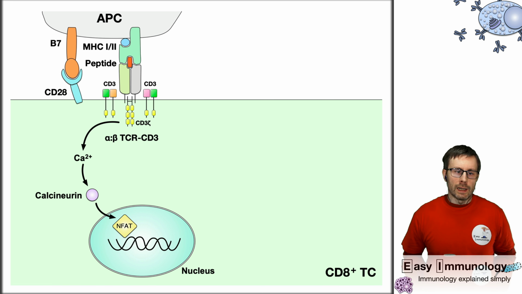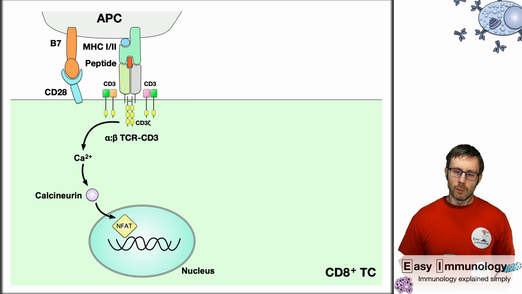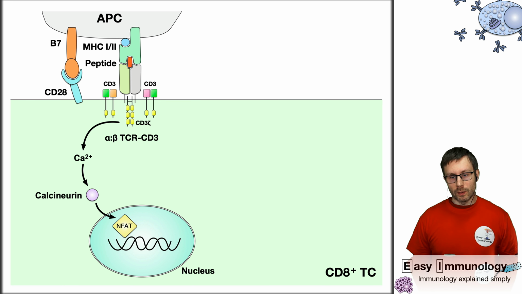What basically happens is that calcium ions are allowed to come into the cell. They bind to a protein called calcineurin. This then goes into the nucleus of the cell and activates a transcription factor. A transcription factor is a protein that binds to many different spots in our genome and activates or shuts down many genes. And this transcription factor is called NFAT.